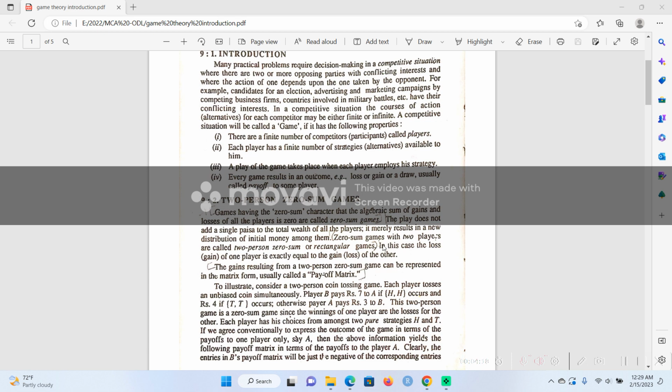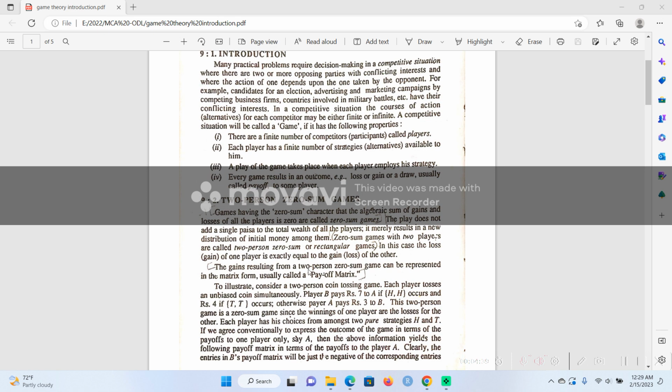In this two-person zero-sum game, only two players are there, so the gain of one player is exactly equal to the loss of the other player. This is the important characteristic of a two-person zero-sum game.